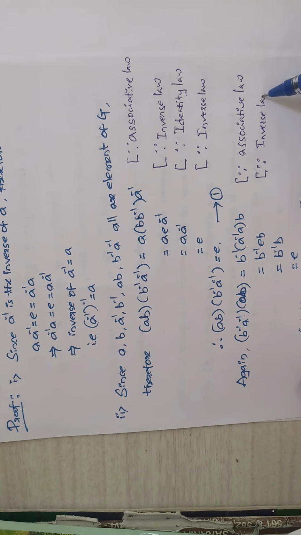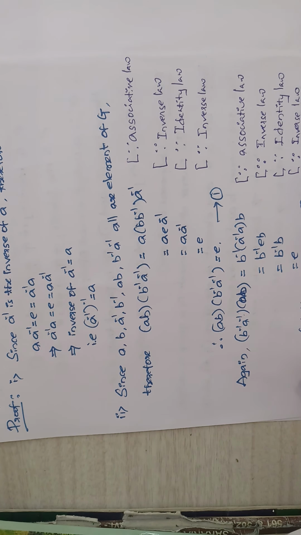So b inverse into e is equal to b inverse, because of identity law. So b inverse into b is equal to e, because of inverse law.